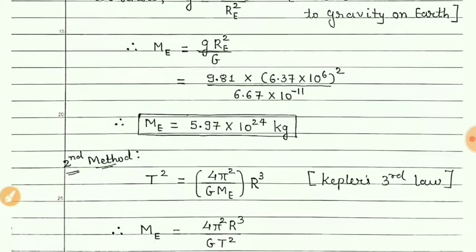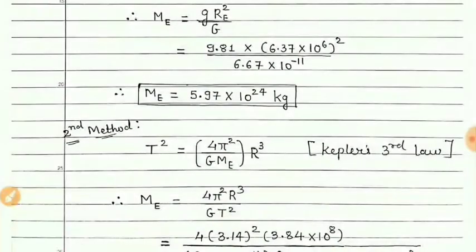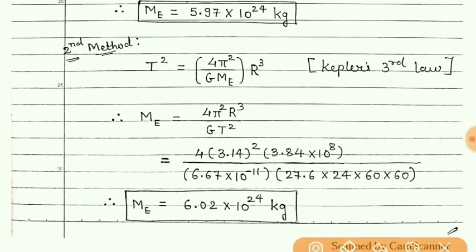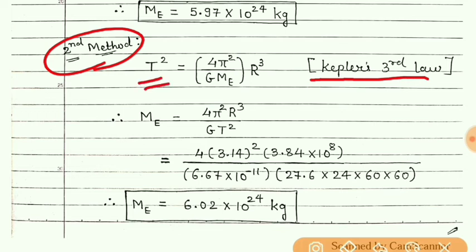Now second method. In this second method, we are going to use Kepler's third law. We know that the square of the time period is equal to 4 pi square upon G Me into r cube.